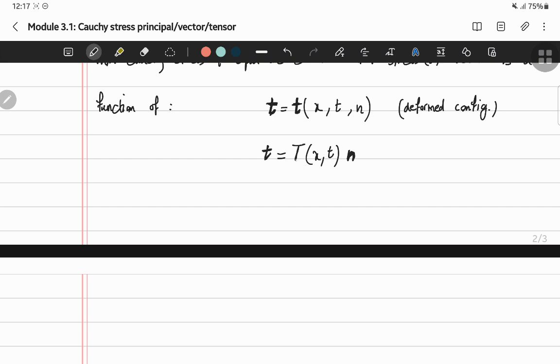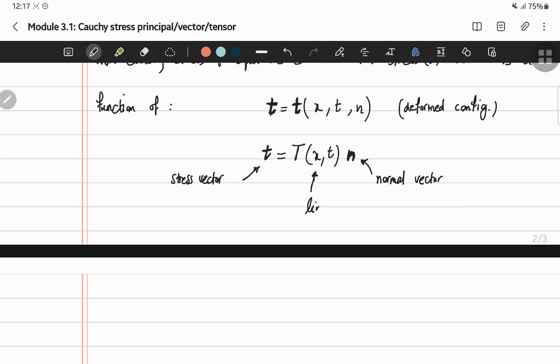So we can say that t, the stress vector, and here we have the normal vector. So if we have the normal vector of a surface, then we only need to find the tensor T to find the stress vector, this transformation.